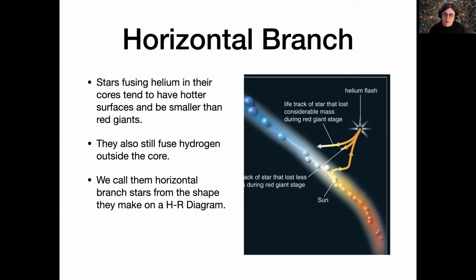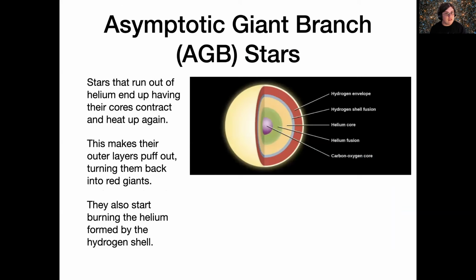And exactly where they sit on the horizontal branch depends a lot on what happened as a red giant. Because red giants are so swollen, they tend to lose a lot of mass from their outer layers. So we stop being able to predict as reliably what happens with a star because it depends a lot on that mass loss.